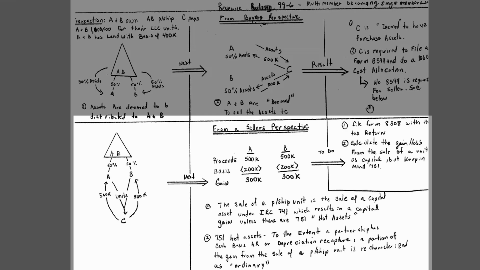To me, this shows the asymmetrical nature of the sale of a partnership interest where it goes from a multi-member to a single member.